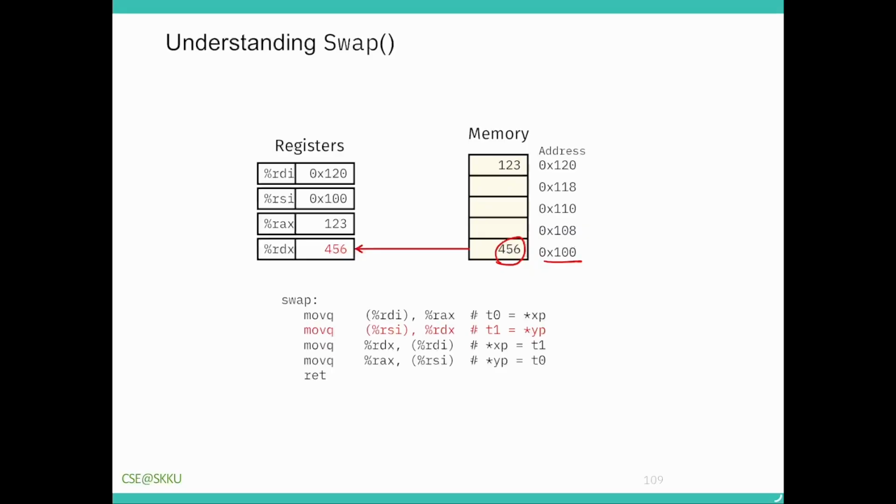And then what we're going to do next is swap the values. The value in RDX will go into address 120, which is stored in RDI as a pointer type.